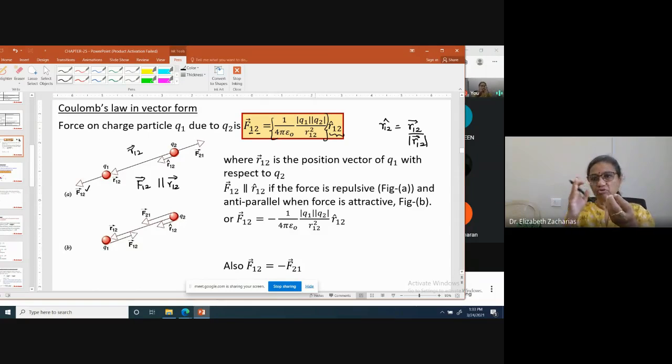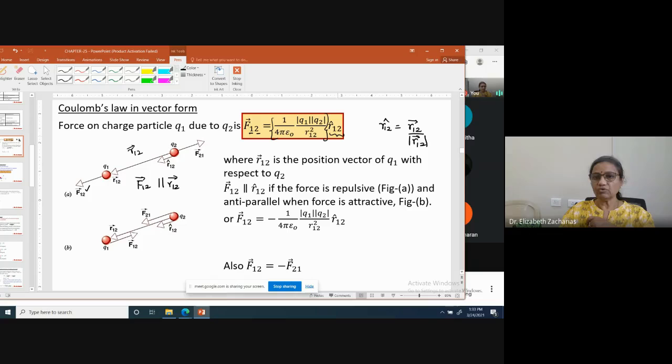But then where does the sign come into picture? The sign, whether it is a repulsive force or an attractive force, will figure the minute I write this. When I put this, it is taken care of. So don't try to multiply the charges with their sign. Leave aside the sign. Whether it is repulsive or attractive will be taken care of by writing this.